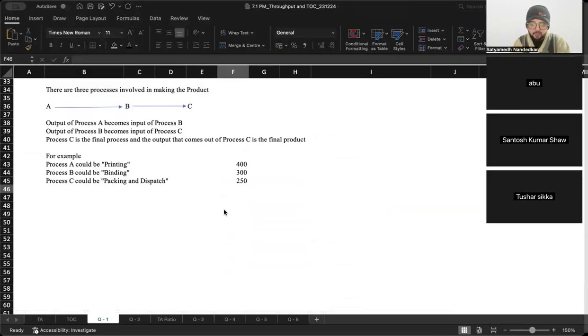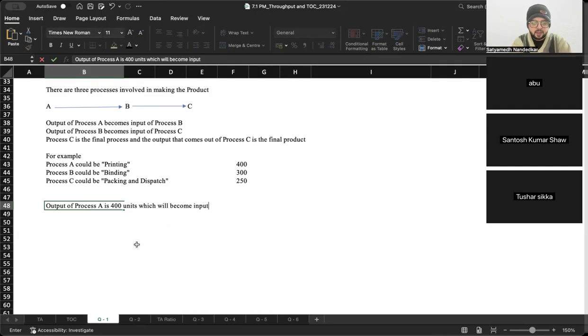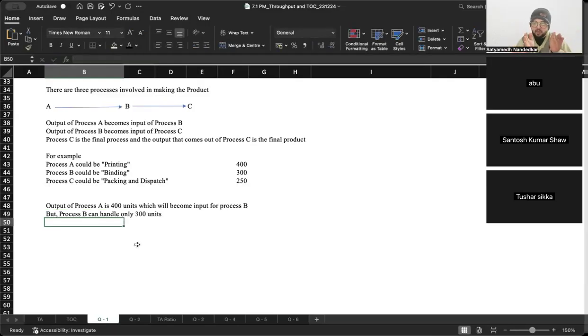The output of process A is 400 units, which will become input for process B. But process B can handle only 300 units. Although A gives you 400, B can handle only 300.